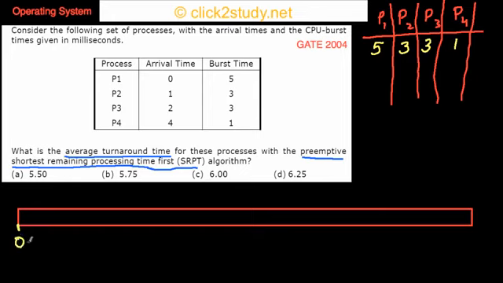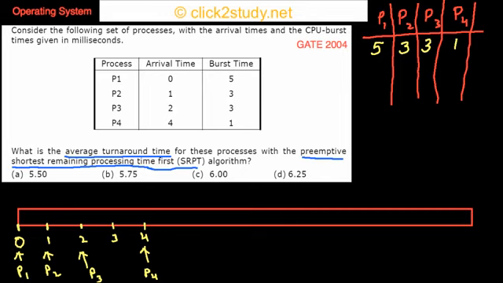This is 0, and here process P1 arrives. Here it is 1, and process P2 arrives. Here it is 2, and process P3 arrives. Then there is 3, and then 4, and process P4 arrives at time 4.